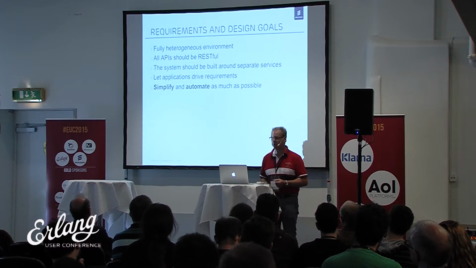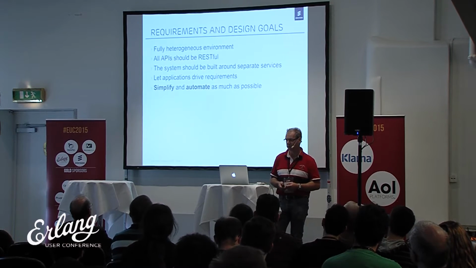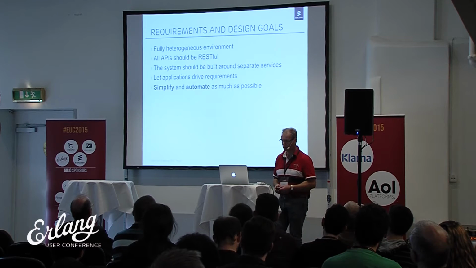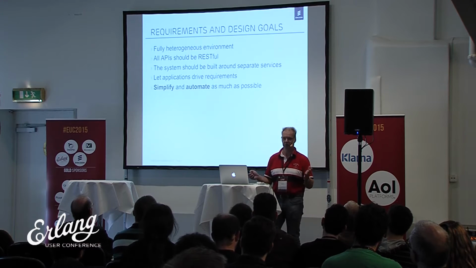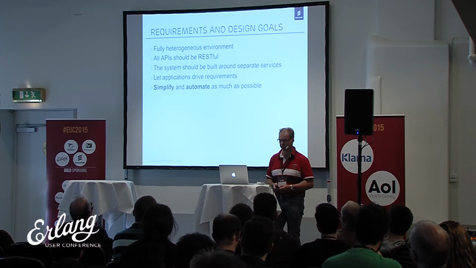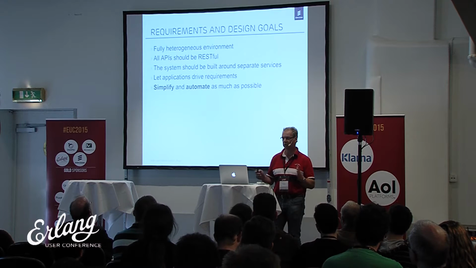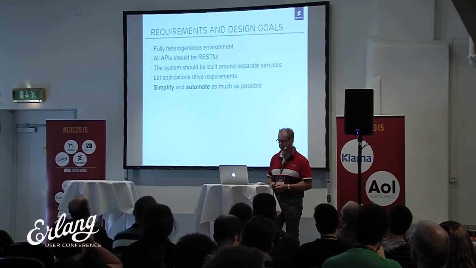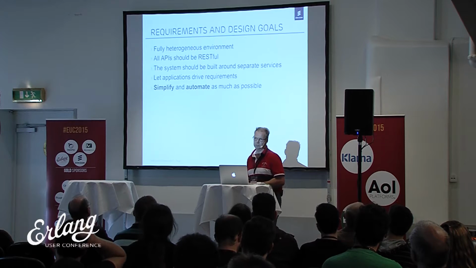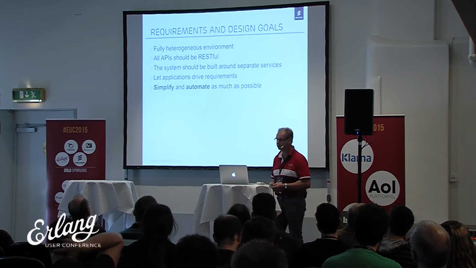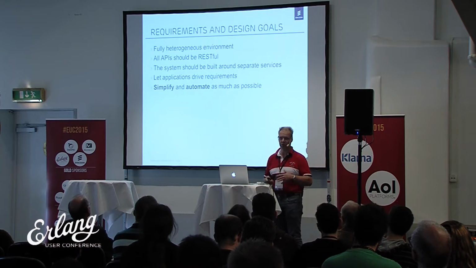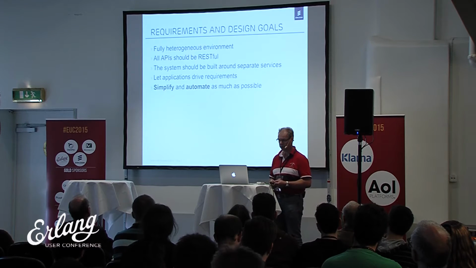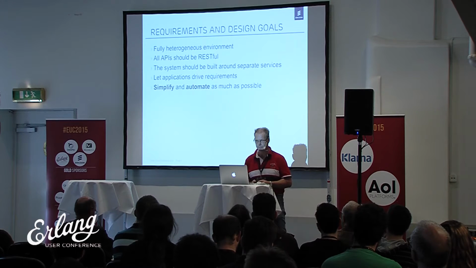So we set up a number of requirements and design goals. As we say, it's a fully heterogeneous environment that we have to support. We thought that all APIs should be RESTful. We should build the system around a set of separate services that you can use all together, or just pick one of them for your solutions.